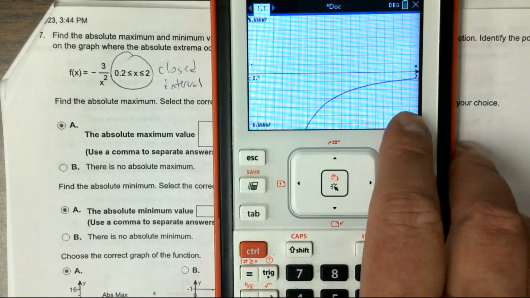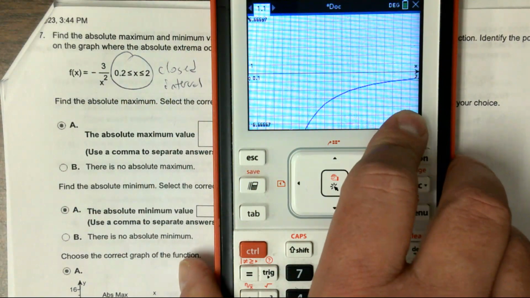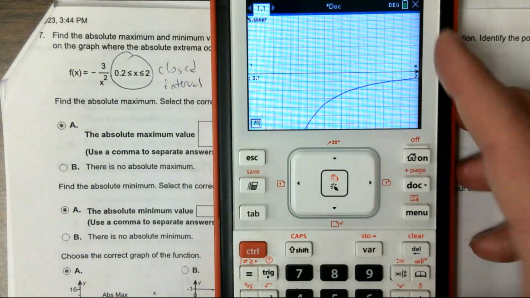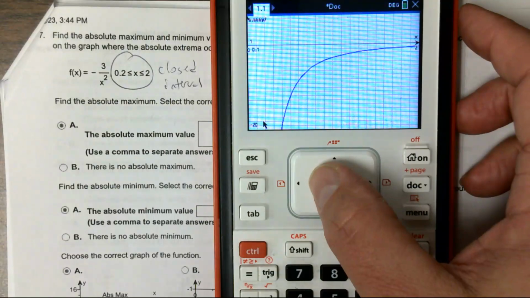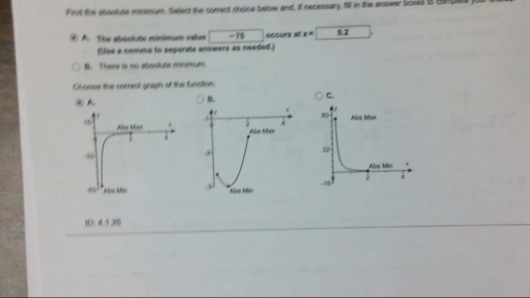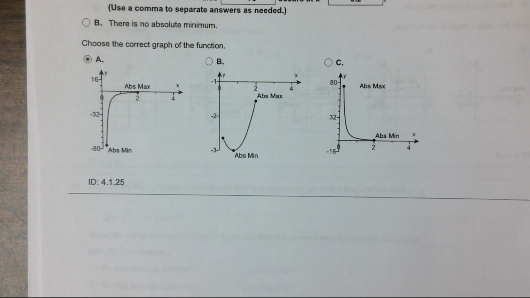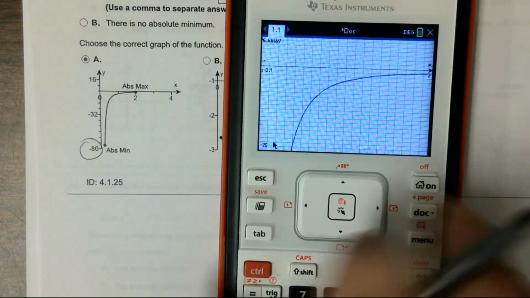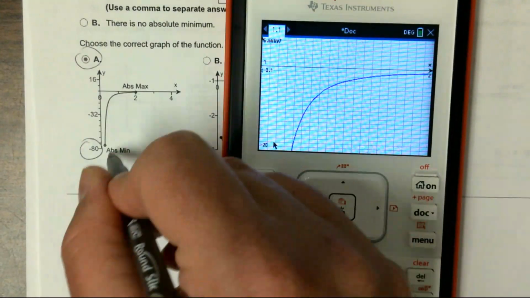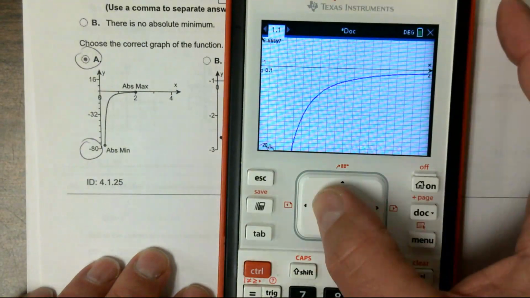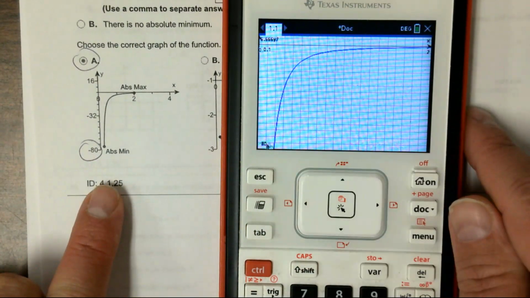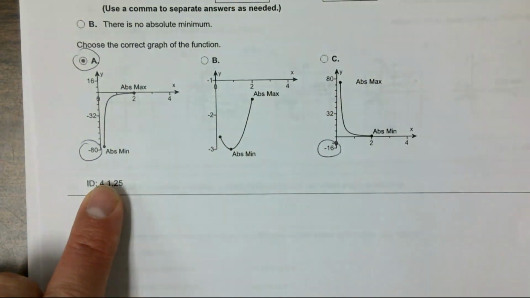And so we know it's around like that. But I need to make this lower, like maybe -20. Maybe more than that. When I compare these, this one actually says -80, and this one says -16. But I know it's going to be the -80 based on what we see. So if I go -80, then it looks like that. Okay, so there's the correct graph.